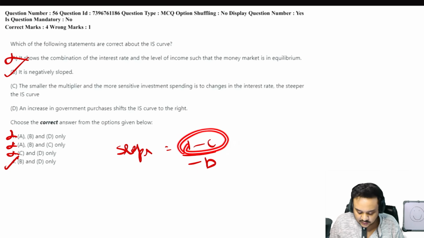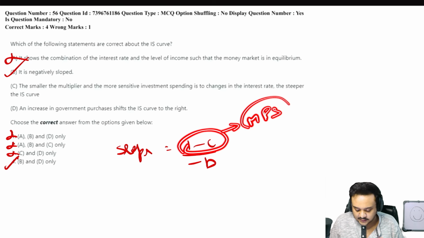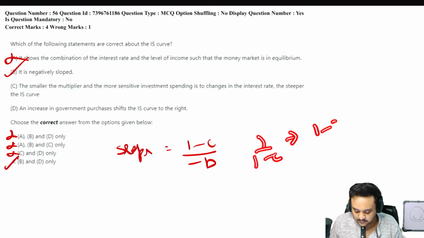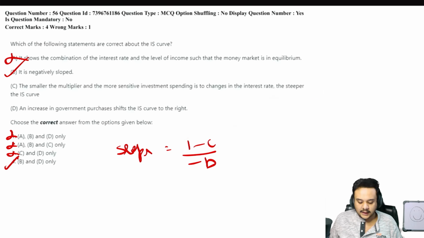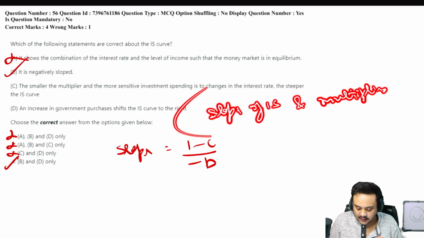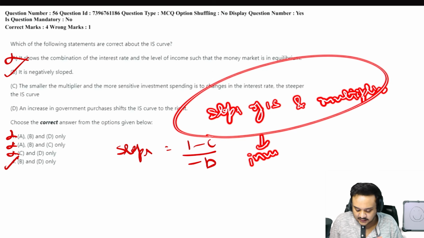And this you already know is the 1 minus MPC or MPS, or you can write it as 1 upon the multiplier. What is the multiplier? 1 upon 1 minus C. So 1 minus C is the reciprocal. So you will see that the slope of IS and the government multiplier are inversely related.